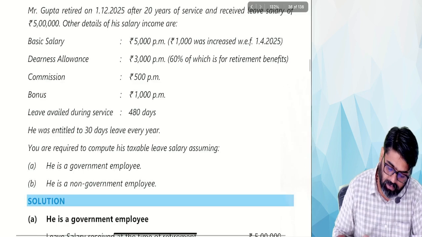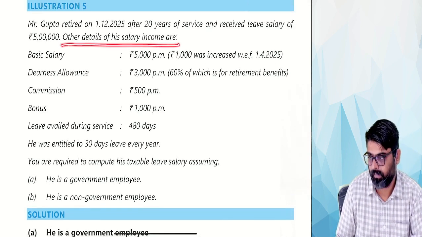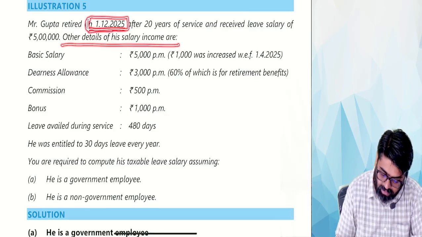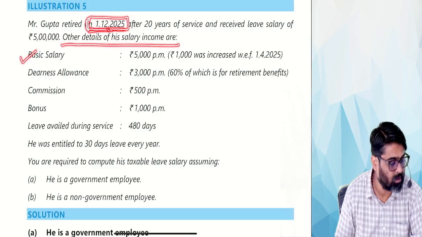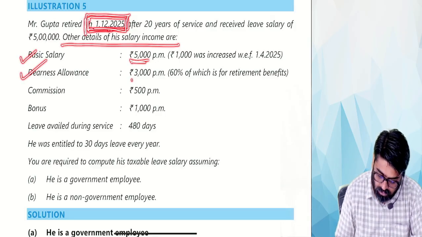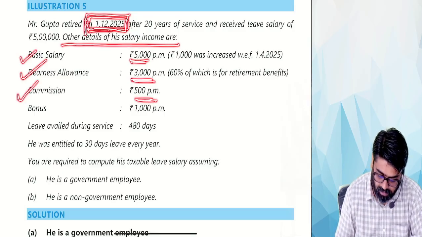Now see, they are saying that other details of salary income, when he retired on 1st of December, at that time his basic salary was 5,000. At that time his DA was 3,000. At that time his commission was 500 per month and the bonus was 1,000 per month.